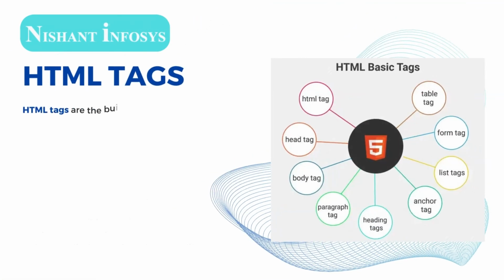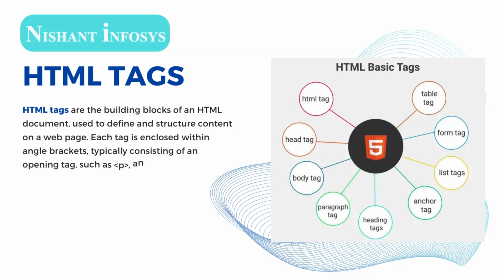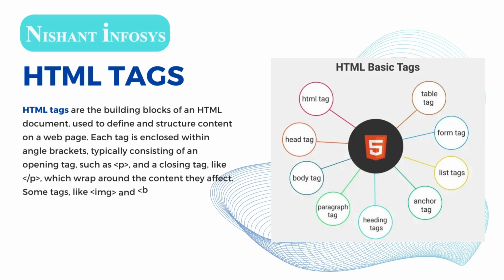Now, let's talk about HTML tags. HTML tags are the building blocks of an HTML document, used to define and structure content on a web page. Each tag is enclosed within angle brackets, typically consisting of an opening tag, such as <p>, and a closing tag, like </p>, which wrap around the content they affect.